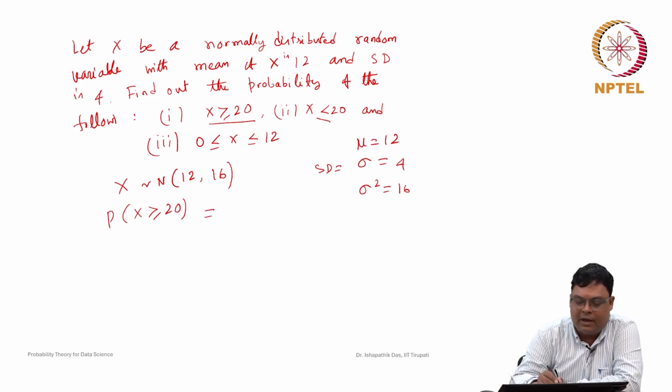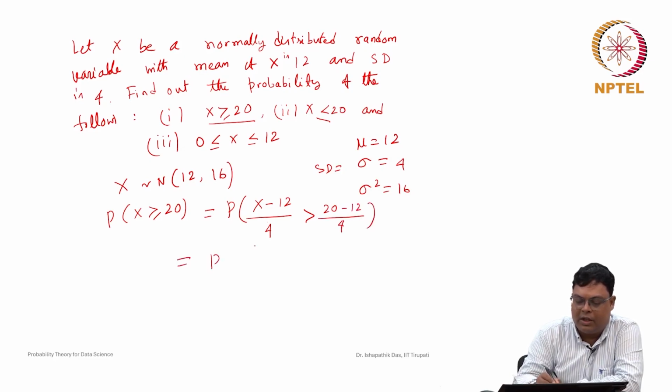So, now x greater than or equal to 20. What will we do? We subtract the mean mu, which is 12, and divide by the standard deviation sigma, which is 4. The inequality stays the same if we do the same on the right hand side, 20 minus 12 by 4.